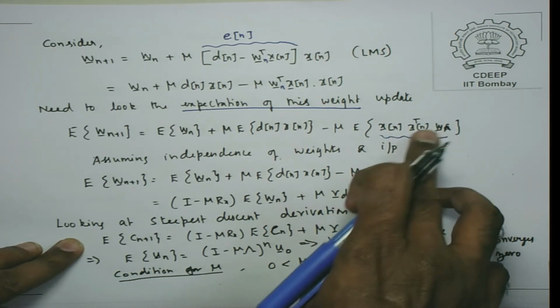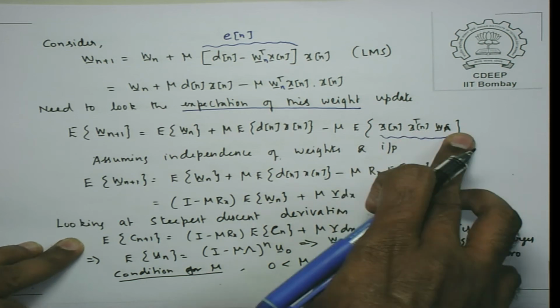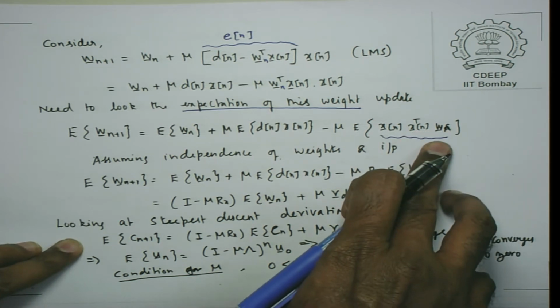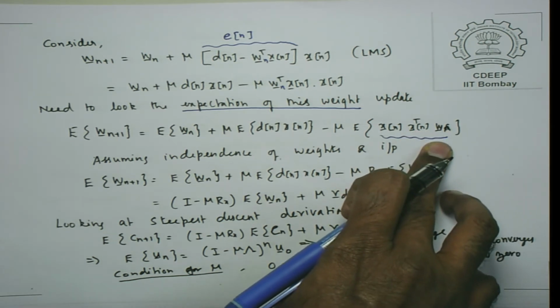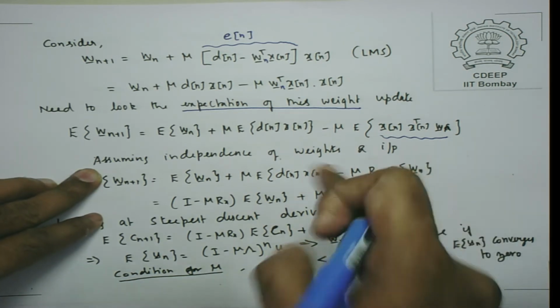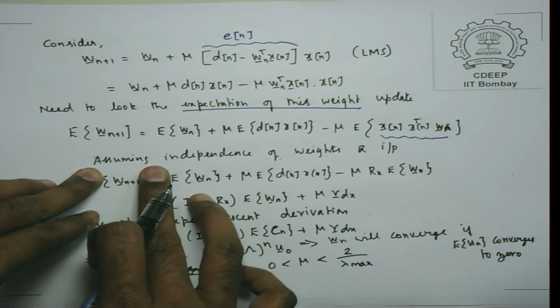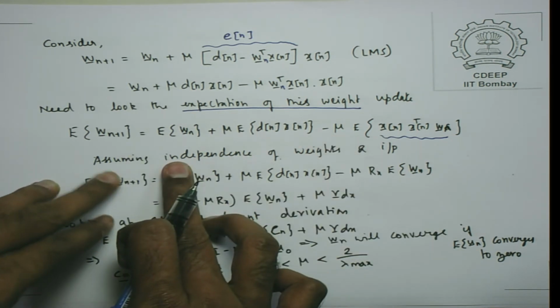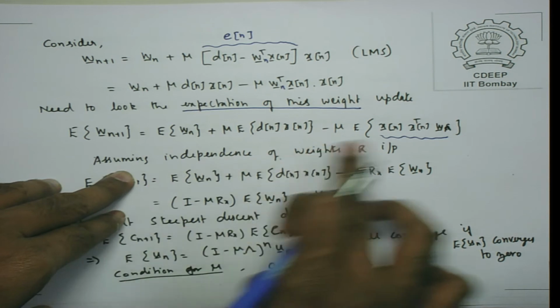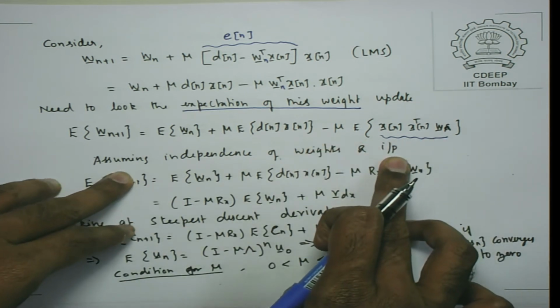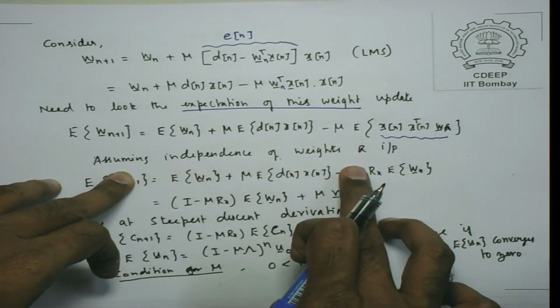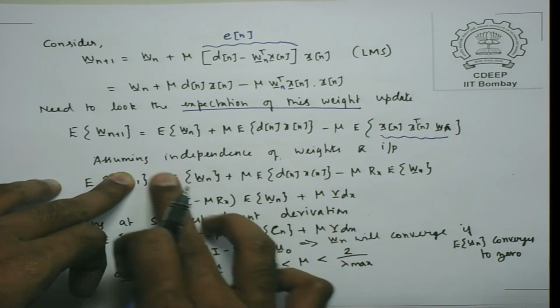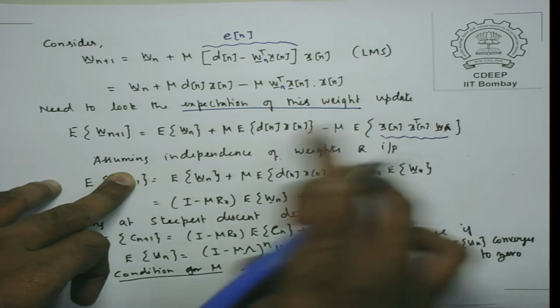So, we cannot just separate them, because we can't say that they are independent, since the weight at the previous time is influenced by the input at the previous time. However, to make this simpler and without loss of generality, we will assume that the weights and the input are independent. This may not be entirely correct always, but assuming this helps us move forward.